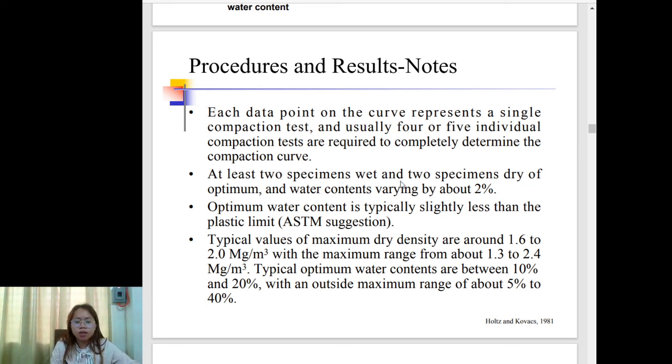Then at least 2 specimens wet and 2 specimens dry of optimum, with water contents varying by about 2%, no. The results will not be exactly the same, even with the same soil and different specimens, there is a variation of results, no. Optimum water content is typically slightly less than the plastic limit according to ASTM.